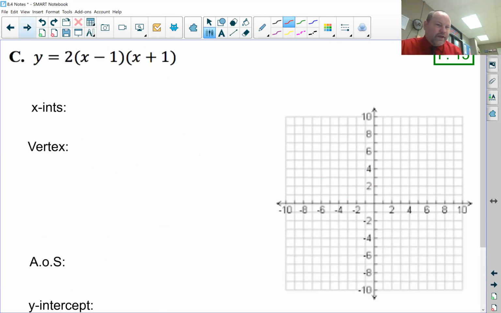All right, here we have y equals 2 times the quantity x minus 1 and x plus 1. So again, we have a value for a, but that's not going to affect our x-intercepts.